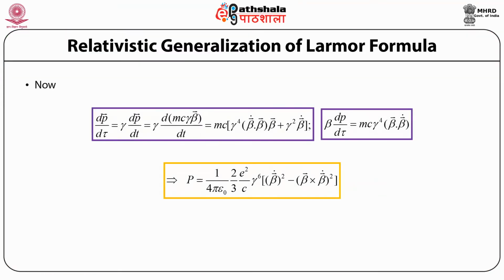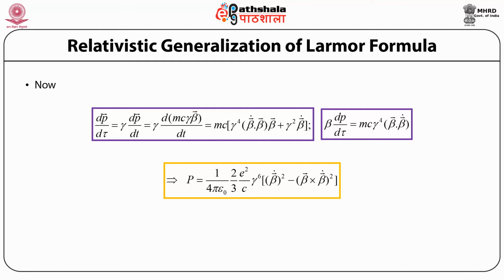dP by d tau equals gamma dP by dt equals gamma d of m c gamma beta by dt, equals m c [gamma to the power 4 (beta dot beta) into beta plus gamma square into beta dot].